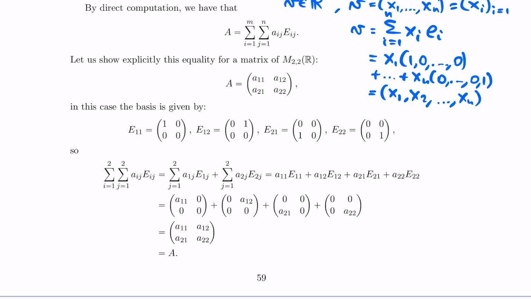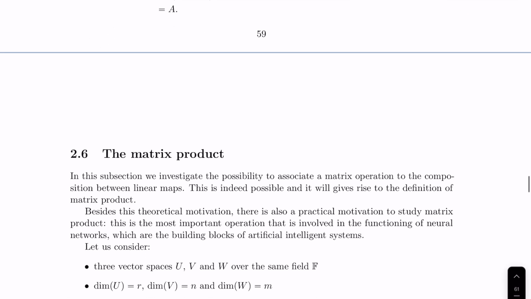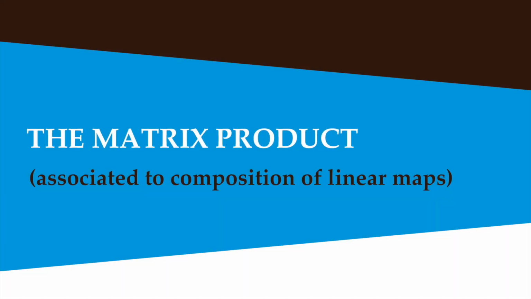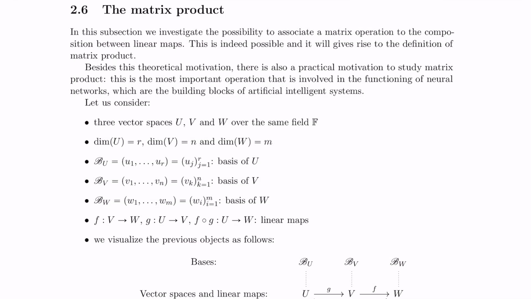In the next one, we examine the possibility of associating a matrix operation to the only operation on linear maps that we haven't considered yet, that is, their composition. In this section, we show that it's possible to associate to the functional composition of two linear maps an algebraic operation on the associated matrices that is called matrix product.